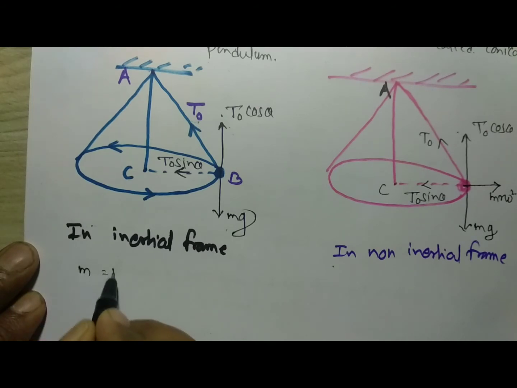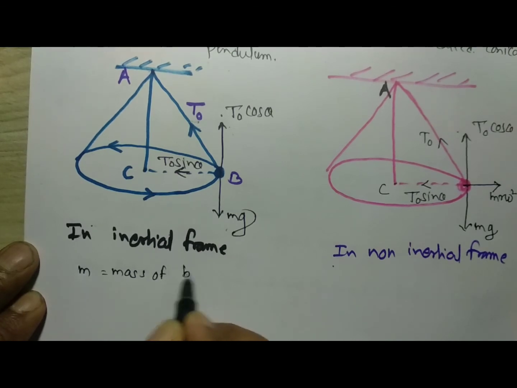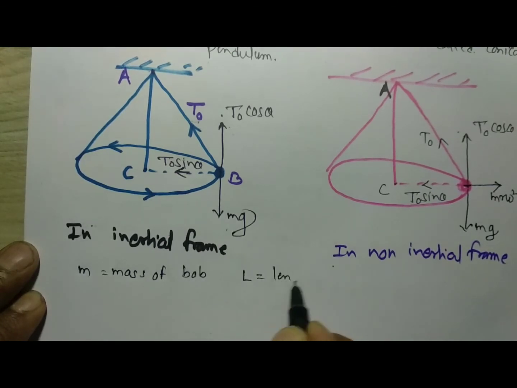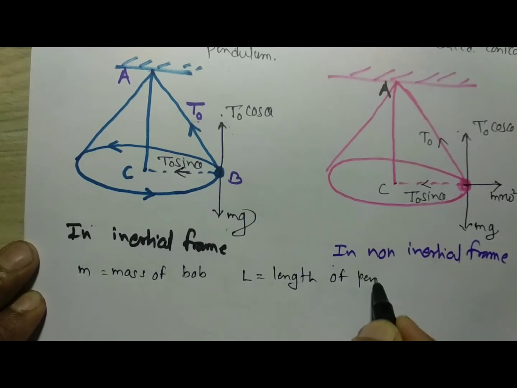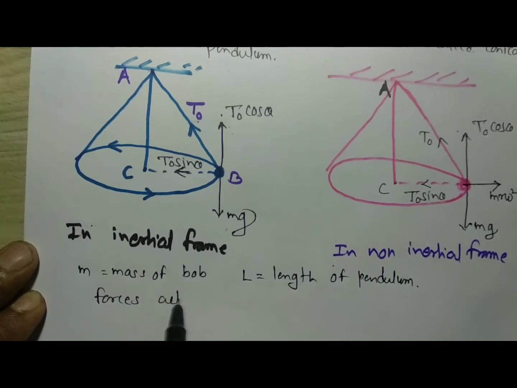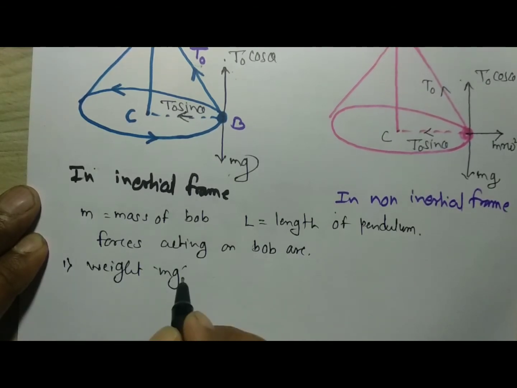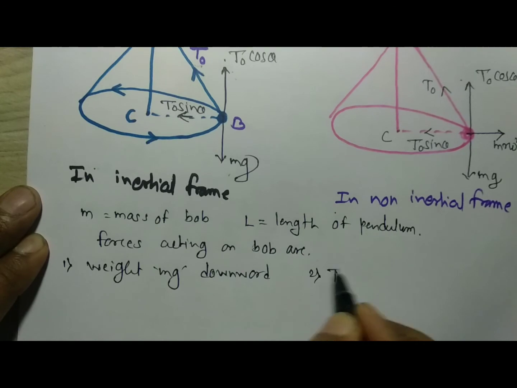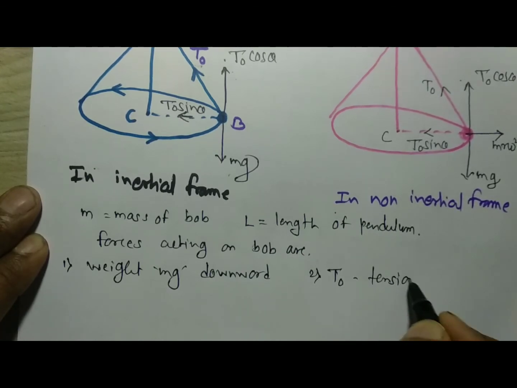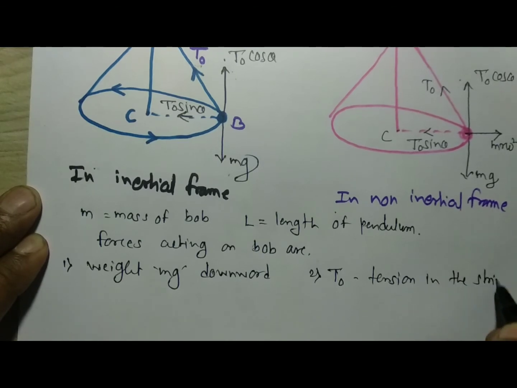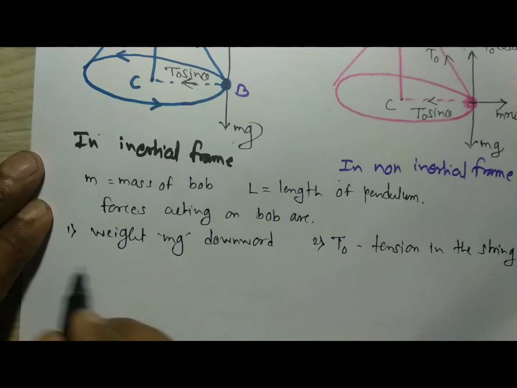First of all, m is the mass of the bob, capital L is the length of the pendulum, and forces acting on the bob are, first force is weight mg downward, and second is T0, that means tension in the string.